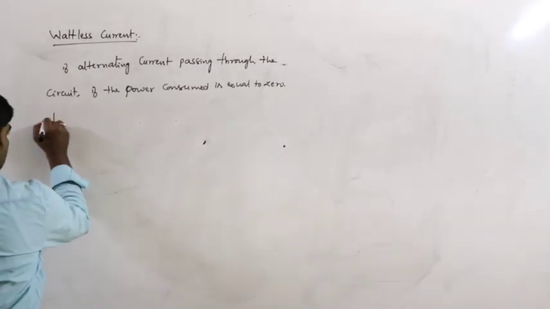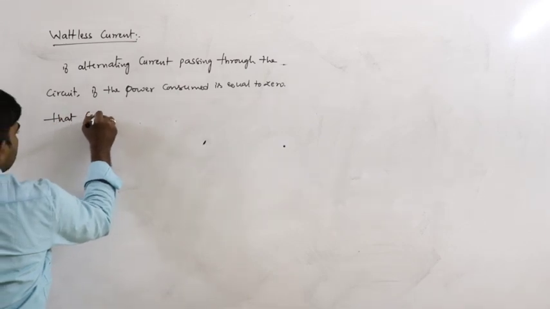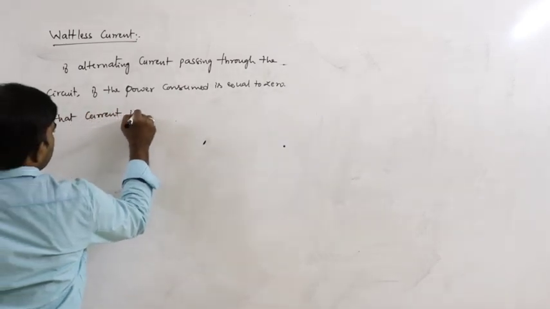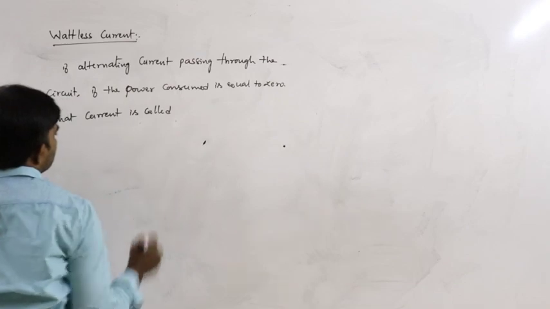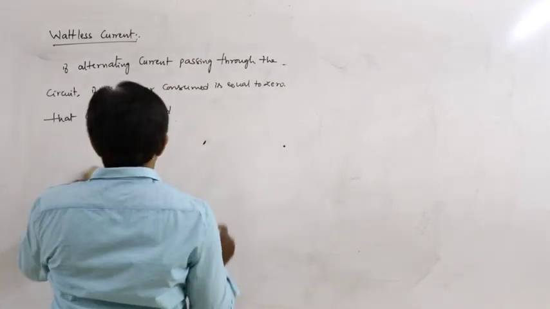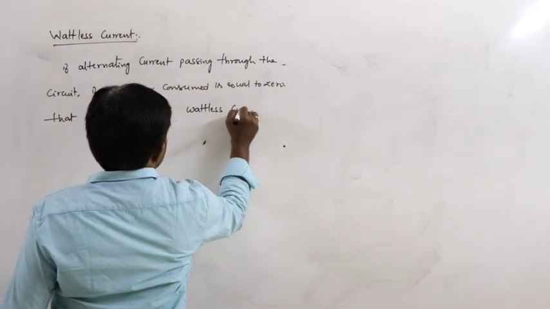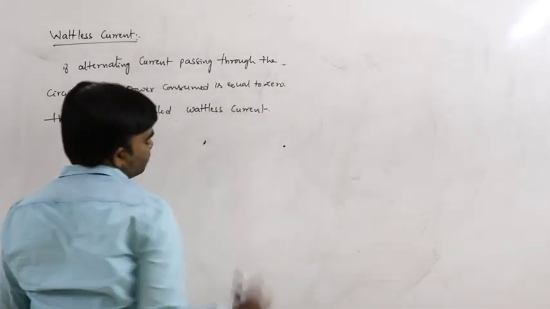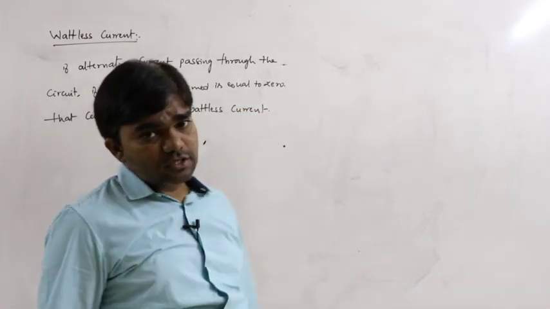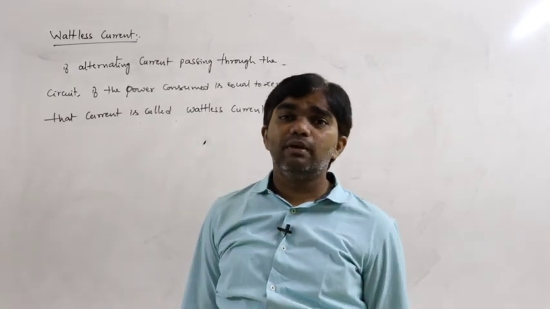What is that? Wattless current. So that means power is 0. Of course, the current passes through the conductor. What is the power formula? I square R.